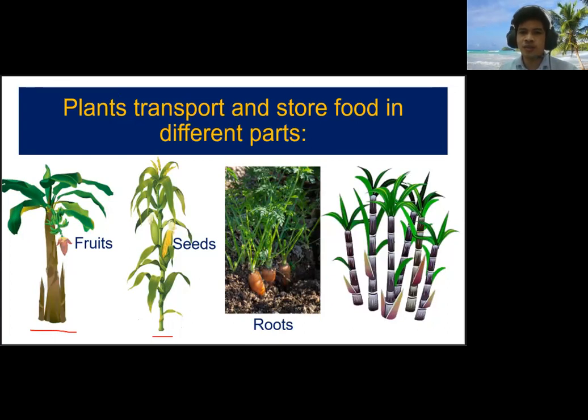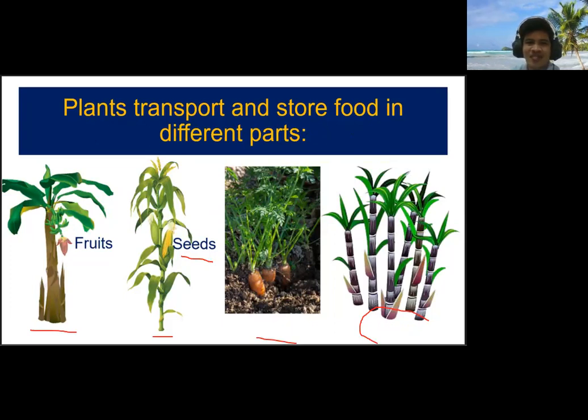And for this one, it can be in the stem of this sugar cane. That's why it's sweet. This is where the food is stored in different parts of the plants.